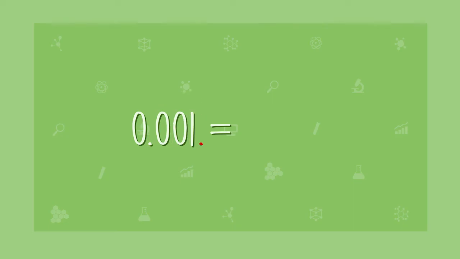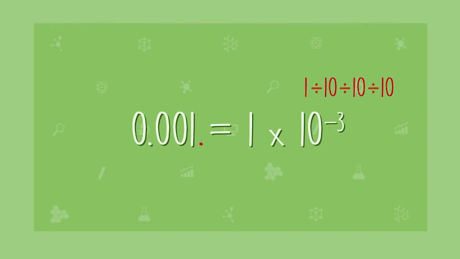This gives us 1, and as always, we need to times it by 10 to the power of something. Now because we move the decimal point to the right, not the left, the exponent becomes negative, and we move the decimal point 1, 2, 3 places, so it's negative 3. 10 to the power negative 3 means 1 divided by 10 3 times.